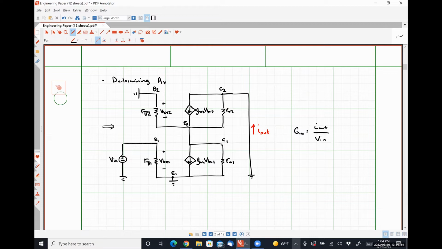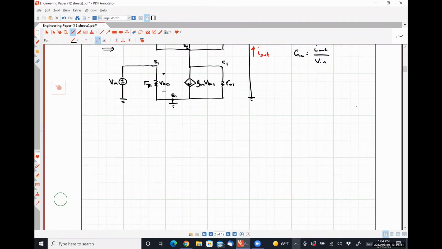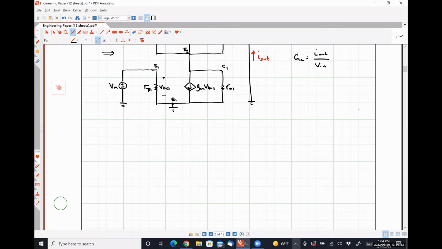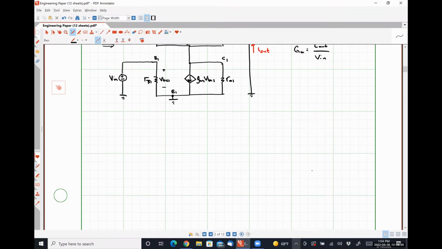R02 is now between emitter 2 and ground, but R pi 2 is also between emitter 2 and ground. So R pi 2, R02, and R01 are all connected together in parallel. So I'm going to redraw this as follows.